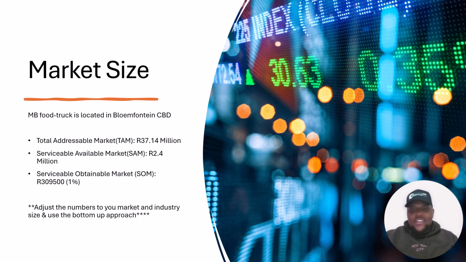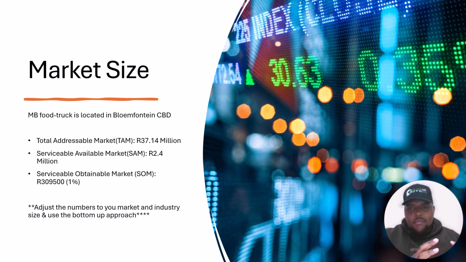You can't start off saying that in our first year, or in the first 5 years, we are going to do 37 million. It doesn't make sense, even if you achieve it, when you're starting out. What we did is we calculated the number of people in the CBD.